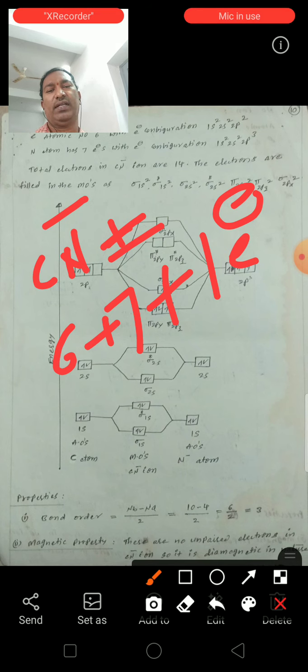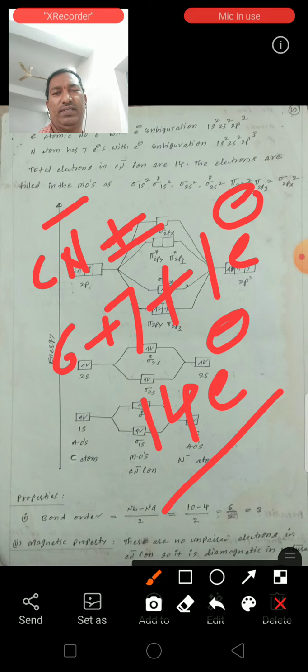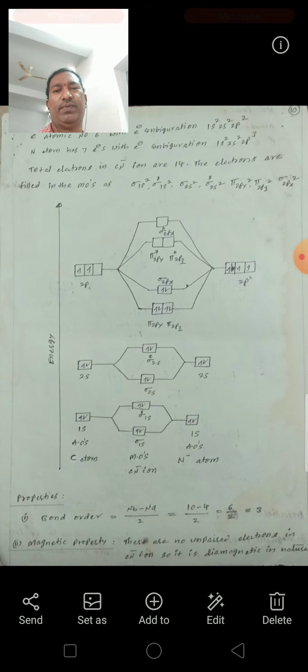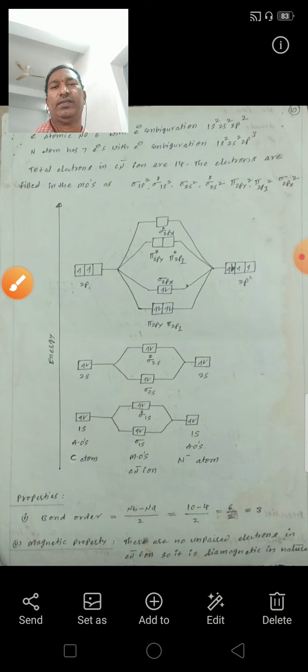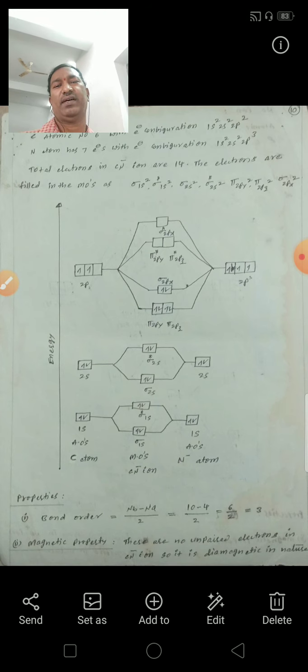Total 6 plus 7 is 13, plus 1 is 14 electrons. Therefore the total electrons in the CN minus ion are 14.